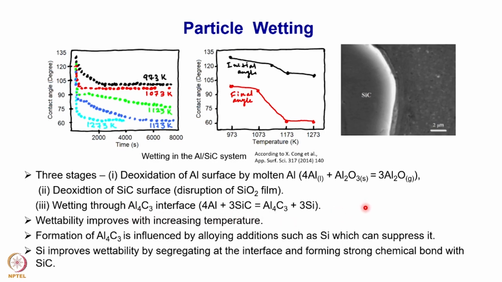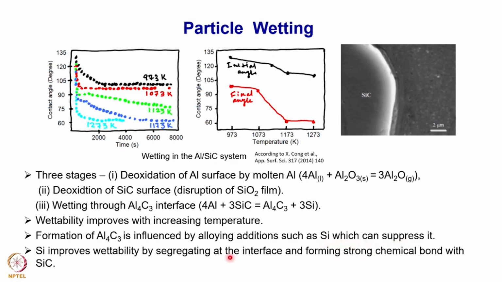So if this kind of interfacial reaction products are present, then it will actually lead to good bonding because it will improve the wettability. And formation of such interfacial reaction products is influenced by alloying additions such as silicon, which can actually suppress it.